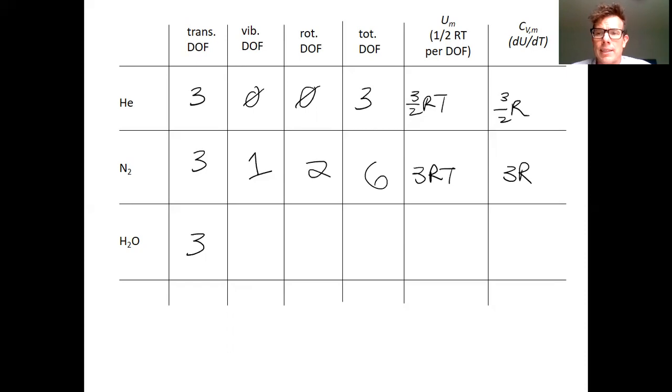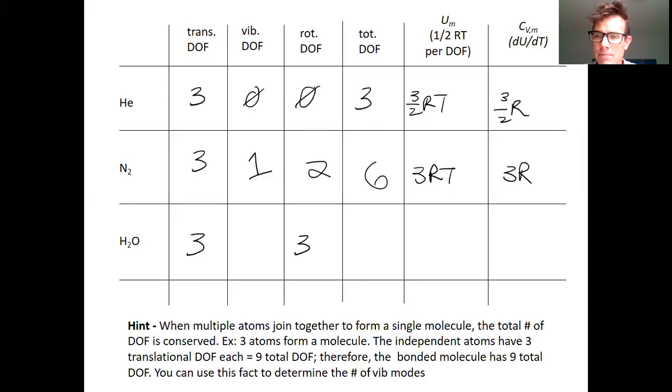Let's pause for a second. Let's do rotational degrees of freedom. Well, it's a nonlinear polyatomic. It can rotate in X, Y, and Z. So there are 3.